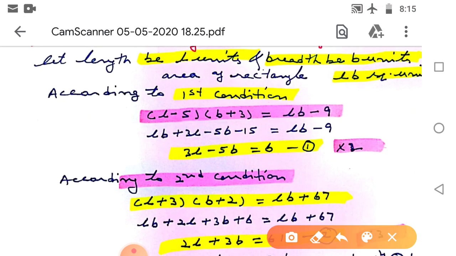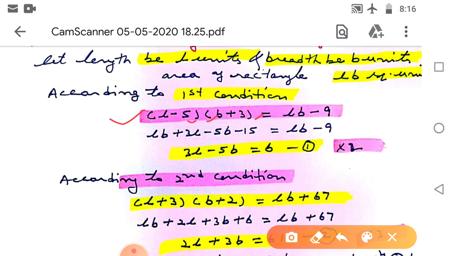The first condition is saying that the length is decreased by 5 units, so the new length is L minus 5, and the breadth is increased by 3 units, so the new breadth is B plus 3.